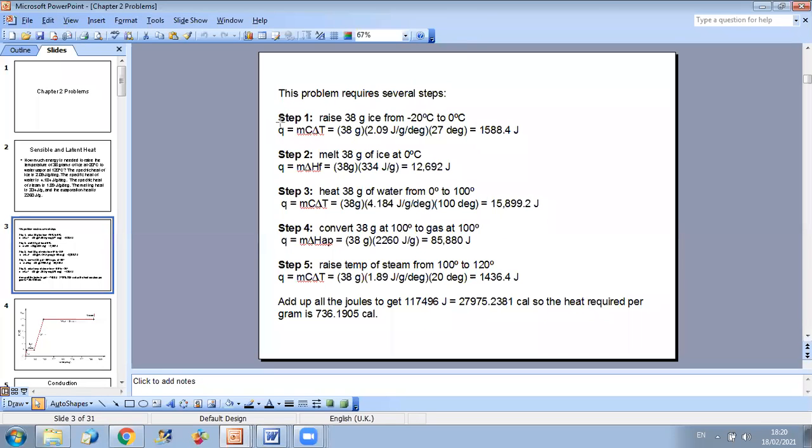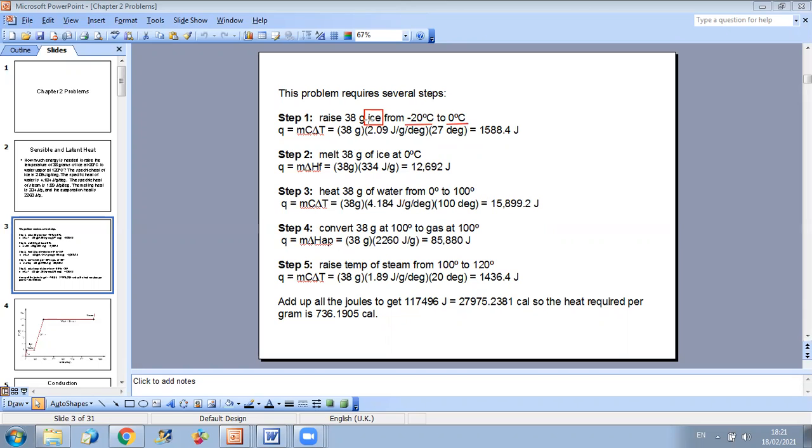So first, as we said, the initial state is ice. So first we have a solid that is heated, and the starting temperature is minus 20 degrees until we reach the melting temperature. Between these two temperatures, we have the solid state.